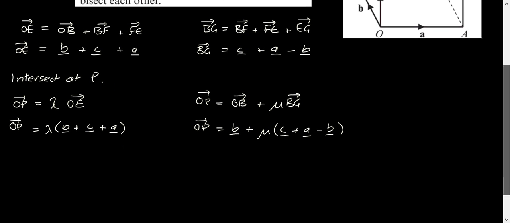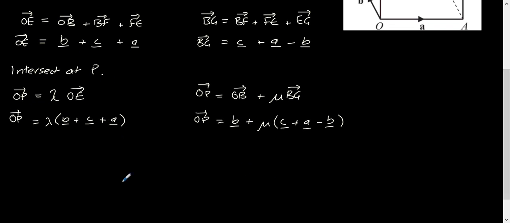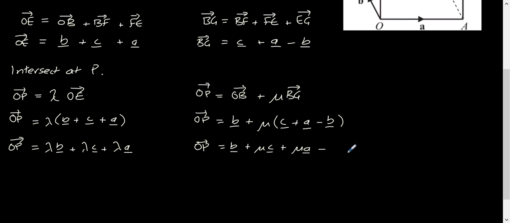And now what we do, we expand brackets, we collect like terms, and we compare coefficients. So OP is lambda b plus lambda c plus lambda a. And over here, OP is b plus mu c plus mu a minus mu b.